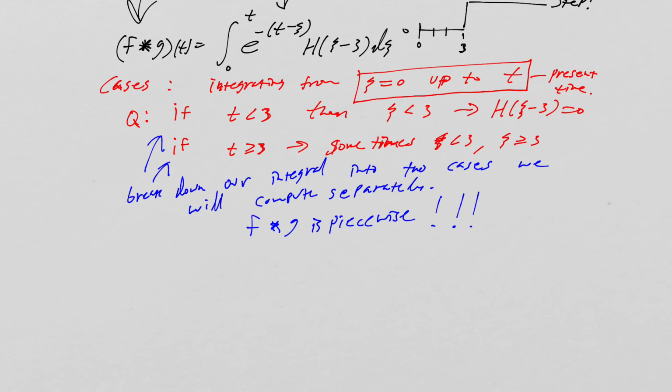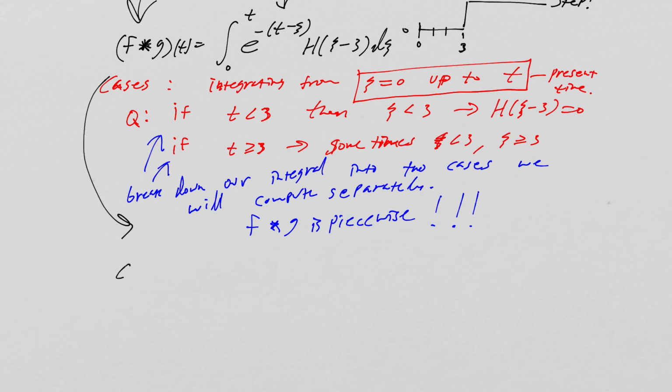Let's give ourselves a little more space and give this a try. We'll look at case 1, where t is less than 3, in which case h of c minus 3 will be 0.